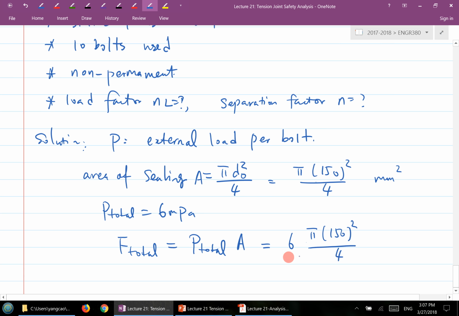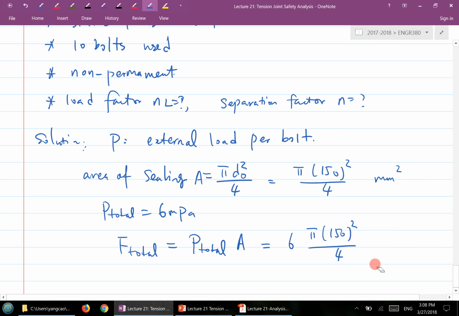If you keep this calculation, what will be the unit? Megapascal is Newton per millimeter square, so if I don't do anything here, the result should be in Newton.